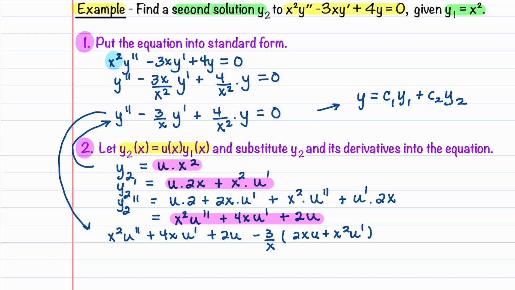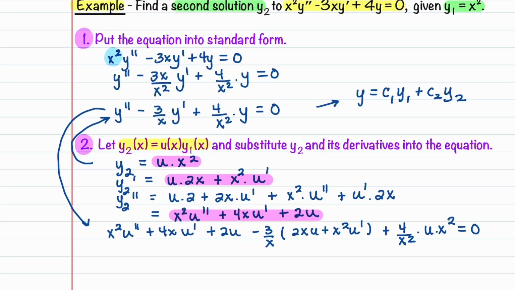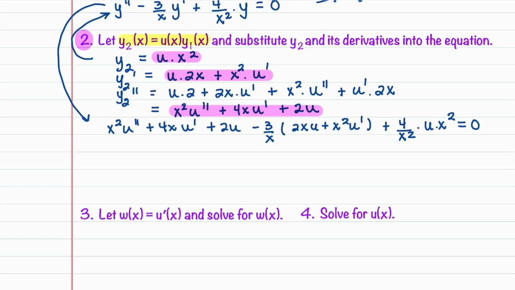A lot of algebra here. Plus 4 over x squared times y, which is u times x squared, and all of this is equal to 0.